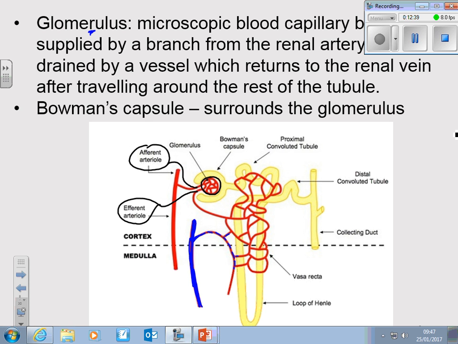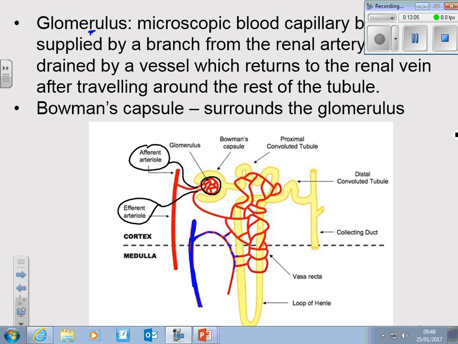So at the level of the glomerulus, you've got a blood supply going in and a blood supply effectively coming out, because the efferent arteriole that comes out is then going to wrap itself around the rest of the capillary before it's drained by a vessel returning to the renal vein. Now, these capillaries round the tubule, we often call them peritubular capillaries, peri meaning outside, like perimeter.